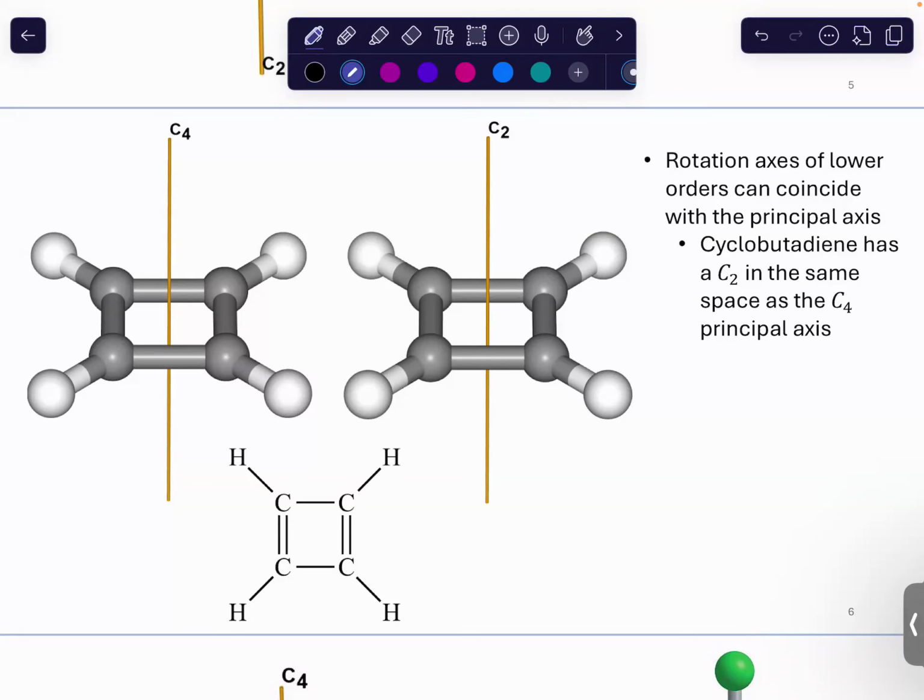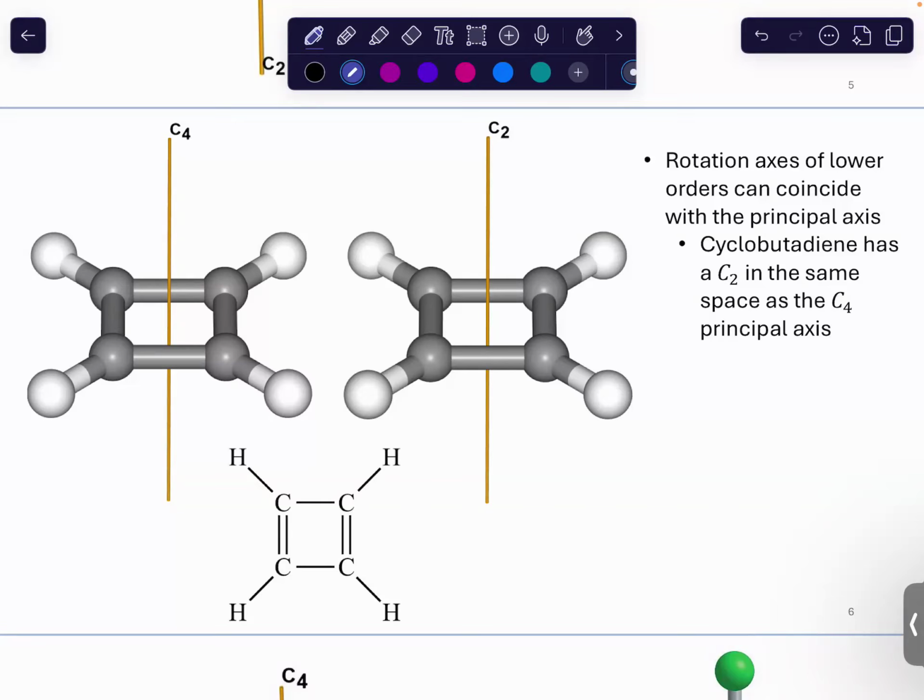Now, you can actually have multiple axes incident on each other. Your textbook will say incident. Looking at this, what does incident mean? Two different rotational axes that are incident upon each other, right on top of each other.